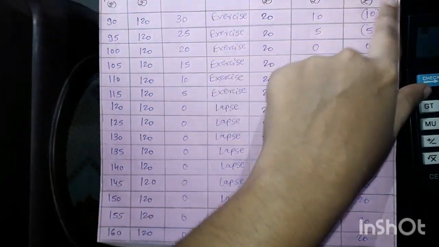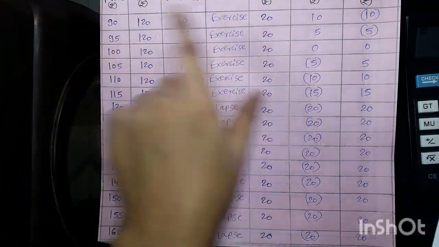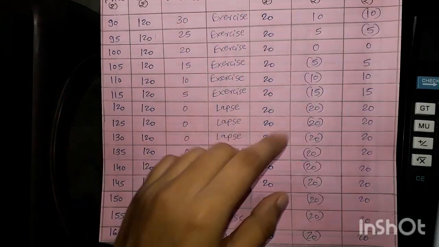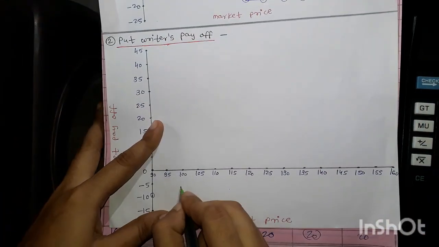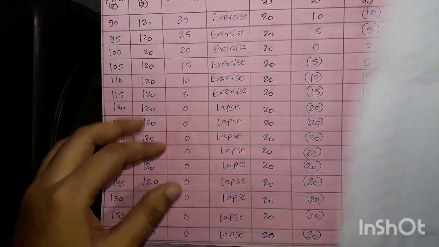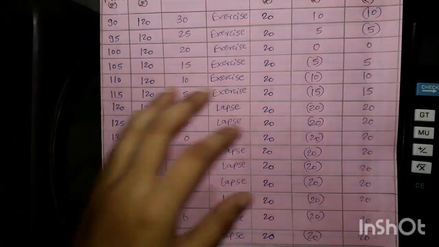So here this is the put writer, this is its net payoff, and here is the market price. First of all, for 90 it is negative 10. For 95 it is negative 5. For 100 it is 0.